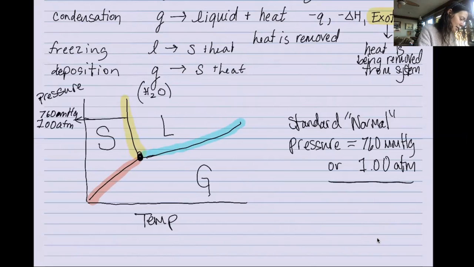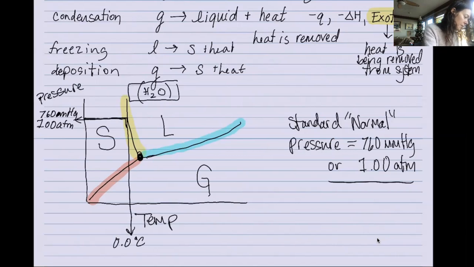At that standard pressure, my solid to liquid line would fall at what temperature? Remember, this is water. That solid to liquid is either freezing, liquid to solid, or melting, solid to liquid. That will occur at the same temperature. The difference is, are we adding heat or removing heat? So that will occur at 0 degrees Celsius because this is for water.